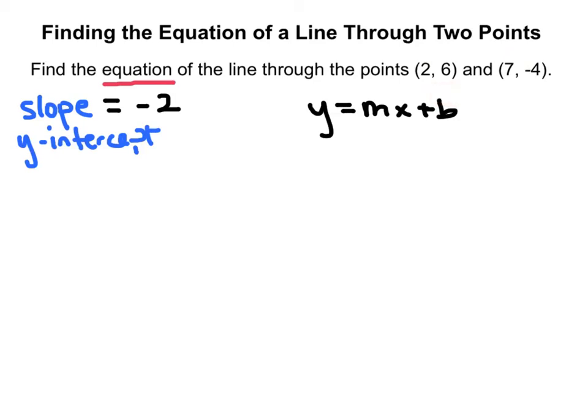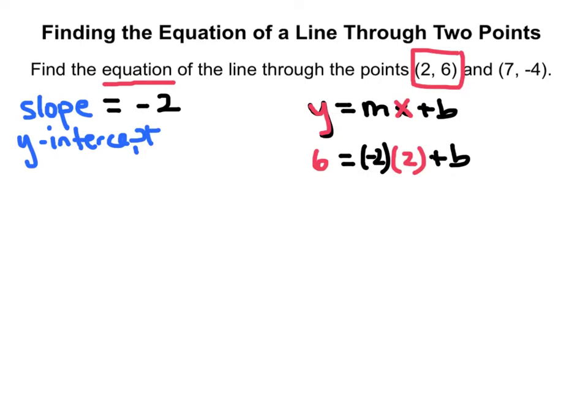I'll choose (2, 6), which means x equals 2 and y equals 6. Let's remember to plug in our slope, -2, then plus b, which is what we're trying to find.